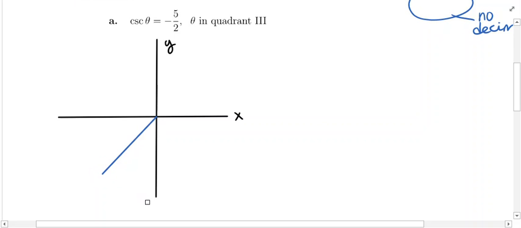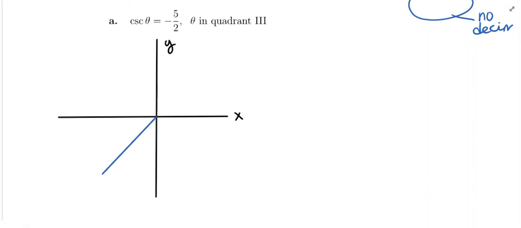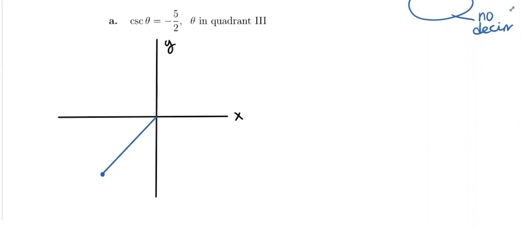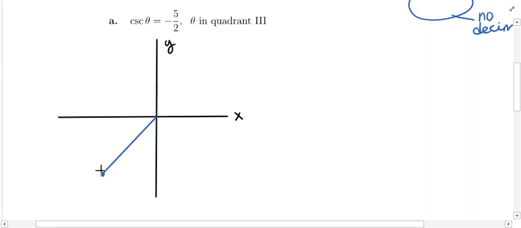What we're going to do is make a right triangle out of this. The way you make the right triangle correctly is you take the terminal point of our ray here and draw straight back to the x-axis. You always draw back to the x-axis. Since we're in quadrant 3, the quickest way back to the x-axis is drawing here.